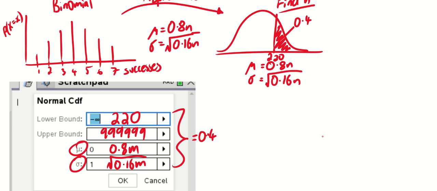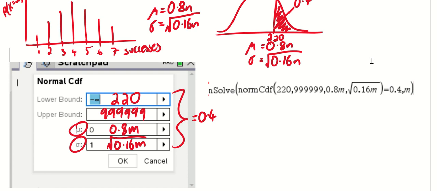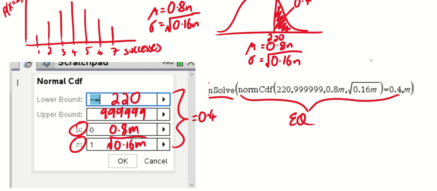So we've got options. We can just guess and check values of m for the number of trials. That probably won't be that efficient, and we probably won't have time to do that in our exam, or we can use nsolve. Effectively we're going to get the calculator to guess and check values of m for us. nsolve means, hey, solve this equation for me by guessing and checking values of m.